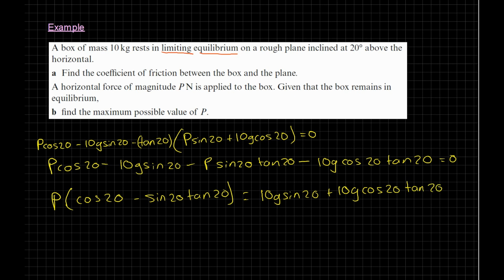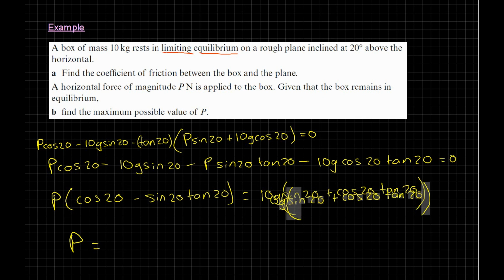Let's take the 10G out. So put all that in brackets and get rid of that one. Okay, right, now let's do some supreme copy and paste. P equals, therefore, that thing. Oh dear.